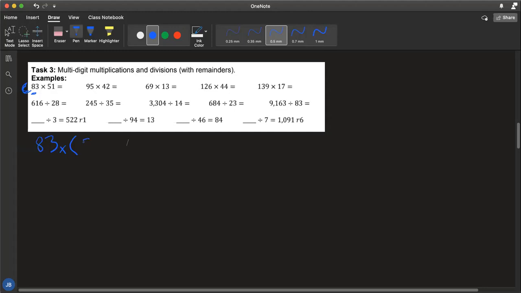Say, what if we did 50 and 1, right? Because 1 is going to be one of the easiest numbers we multiply by. So then we can write this out as 83 times 50 and then plus 83 times 1, right? Because we know this is just 83.